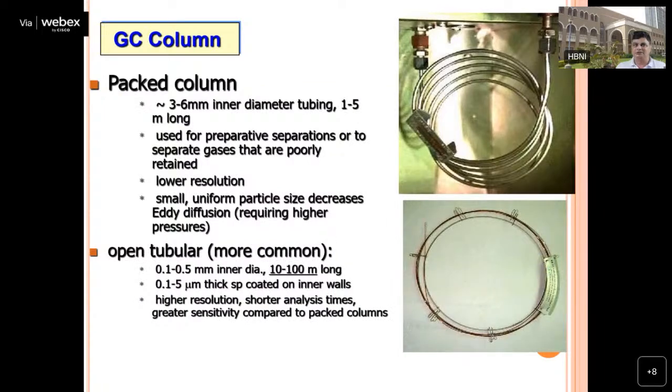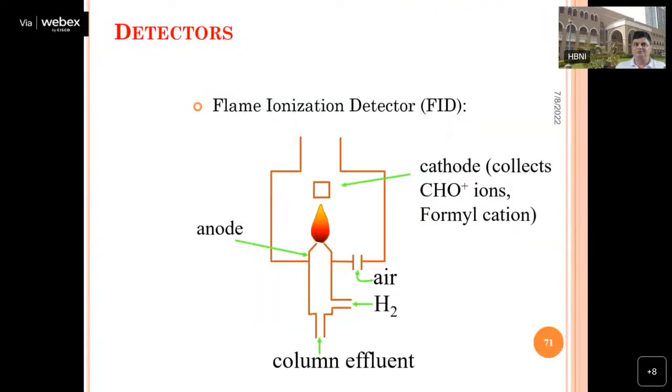There are various GC columns. It can be a packed column or open tubular columns, each having its own advantages and disadvantages, and there are various reasons to use both kinds.